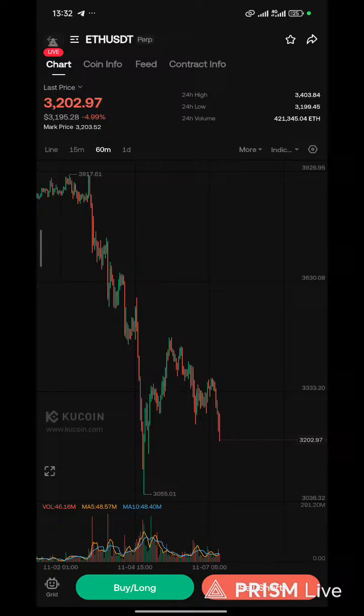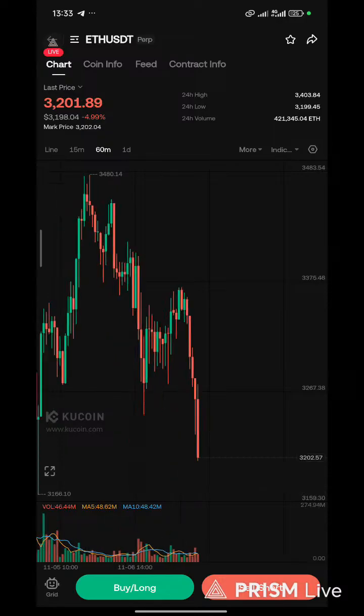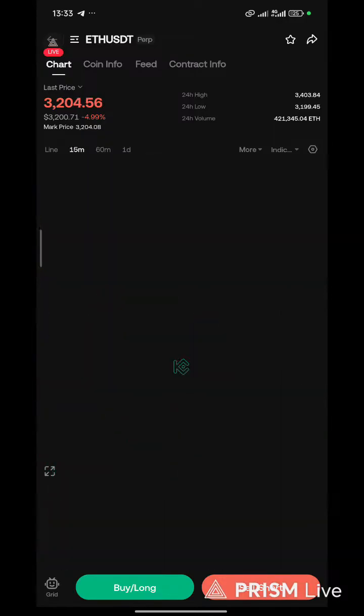You see that it creates a new higher low. Once it creates a new higher low, you have in your mind that this is a massive trade.